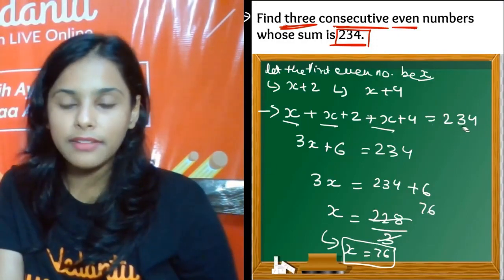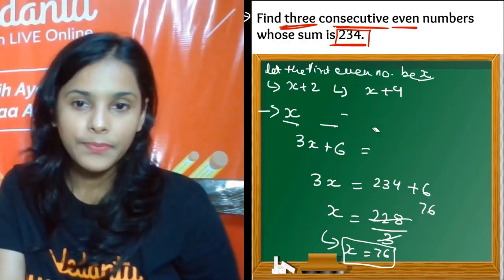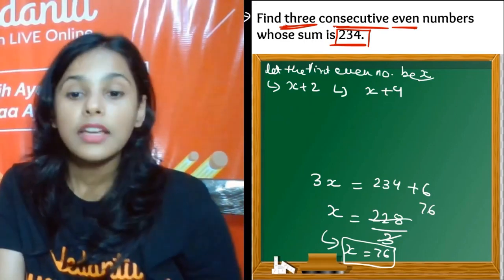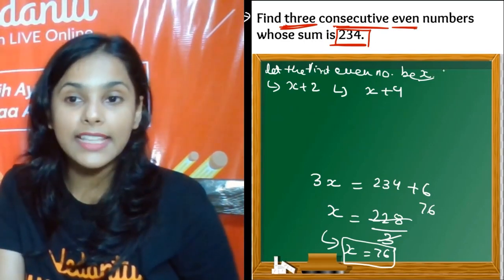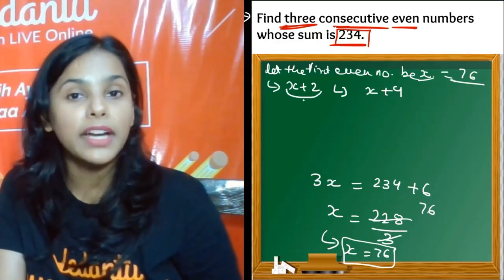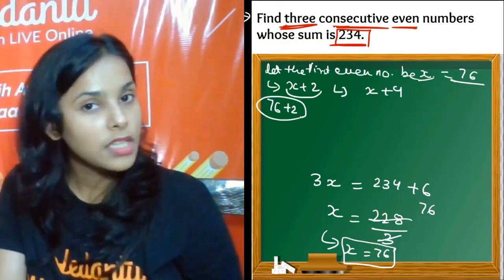Now let me erase this part so that I can write it down here. Okay. Now, if we have found the first x, that is 76 here, then what will be the value of x plus 2? That is the next even number, 76 plus 2. ठीक है?